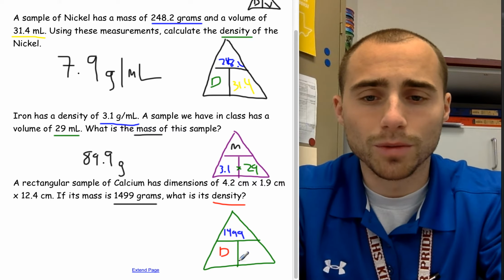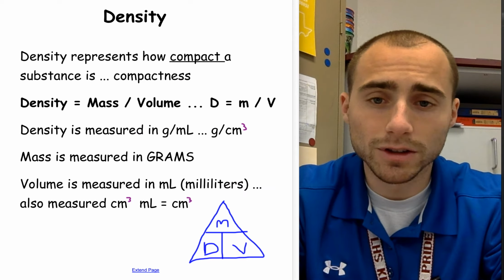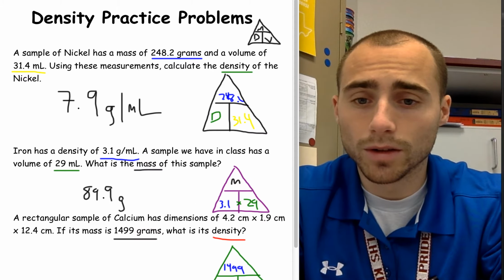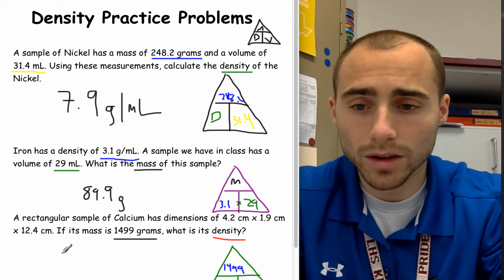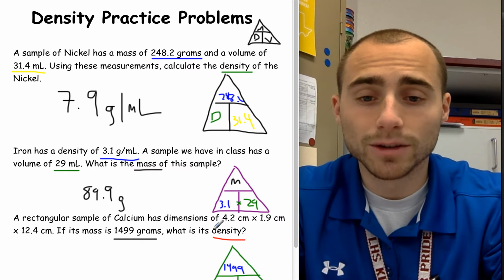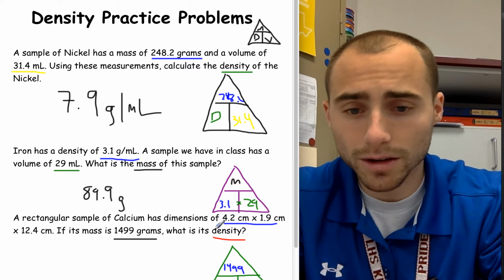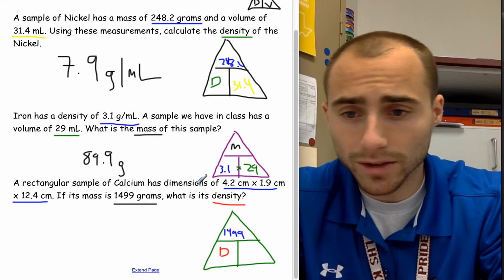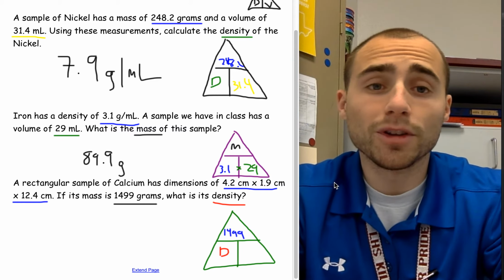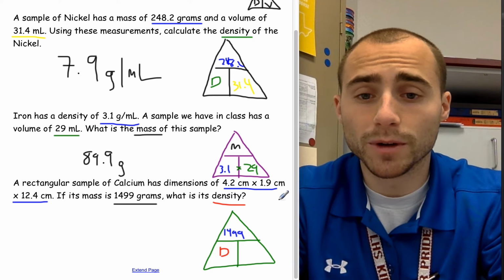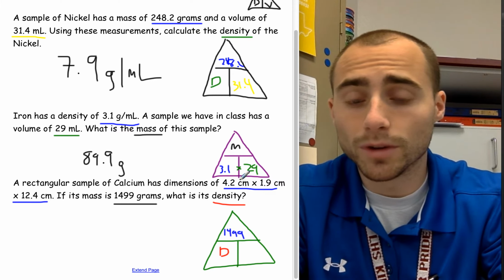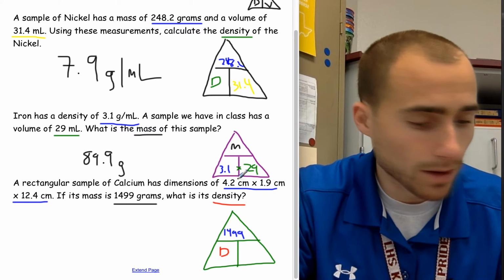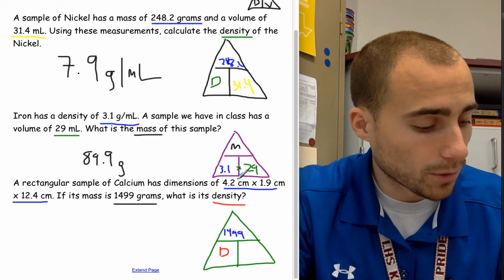So we know we're solving for that. But what is our volume? Well, remember how way back on the first slide I said that volume could be measured in centimeters cubed? Well, look here. We have three centimeter measurements. So if you multiply all of these together, you actually end up with centimeters cubed. You see how they have the little multiplication symbols right here? So to calculate the volume, this is the first two-step problem we've seen. You would have needed to do 4.2 multiplied by 1.9 multiplied by 12.4.